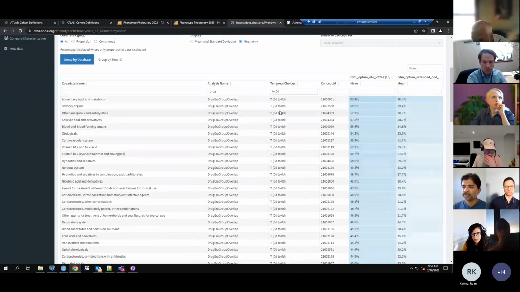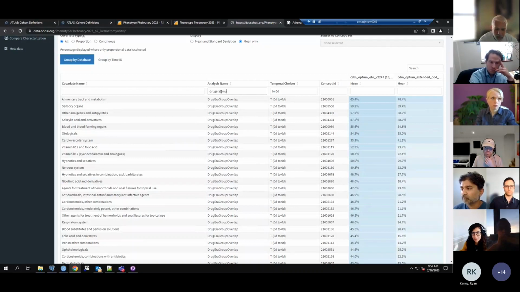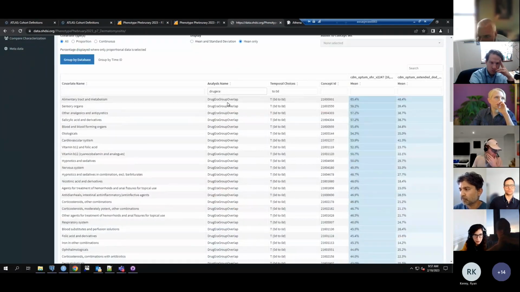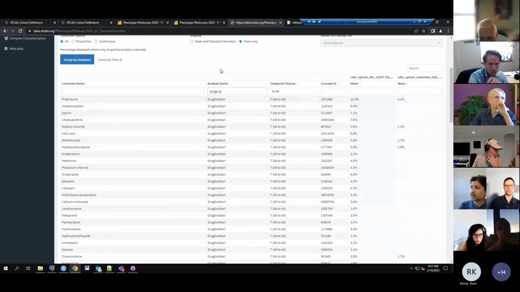Yeah, so now we're looking at the data on the concept ID level. So this is on the day of. On the day of diagnosis, it appears that in one data source, 13% were started on prednisone, and there's use of methotrexate and hydroxychloroquine.